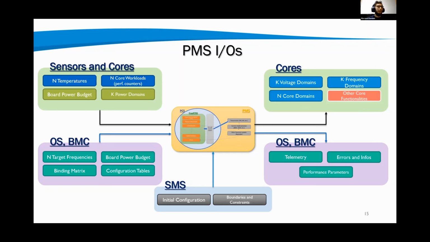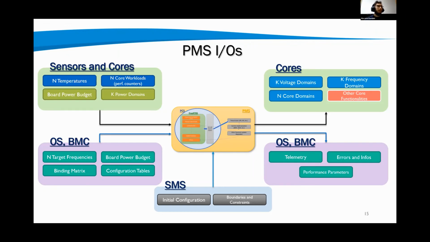But also we take inputs from the OS and the BMC, like some commands, some target frequency, some target operating points, some configuration, and also a new thing that we introduced, which is the binding matrix, that can be fed to the PCS and PMS that can tell us if there is a group of cores that are executing a parallel workload.